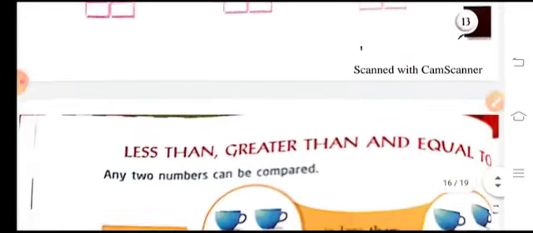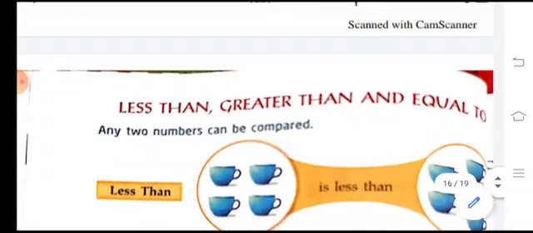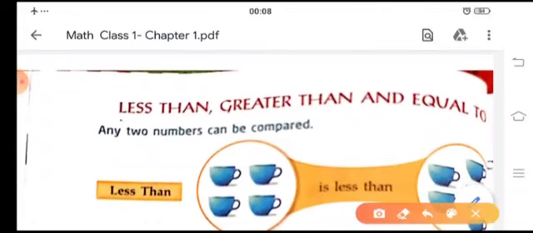Now we'll move on to less than, greater than, and equal to. Okay. It means comparison, children. Comparison. One is better, another one is not better. So we'll do the comparing here.